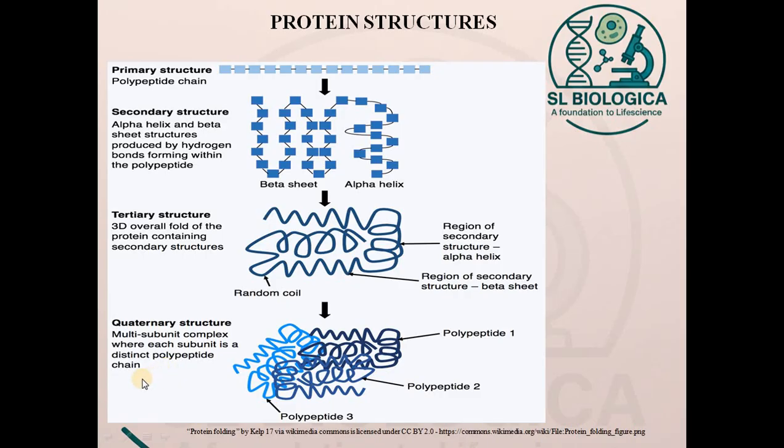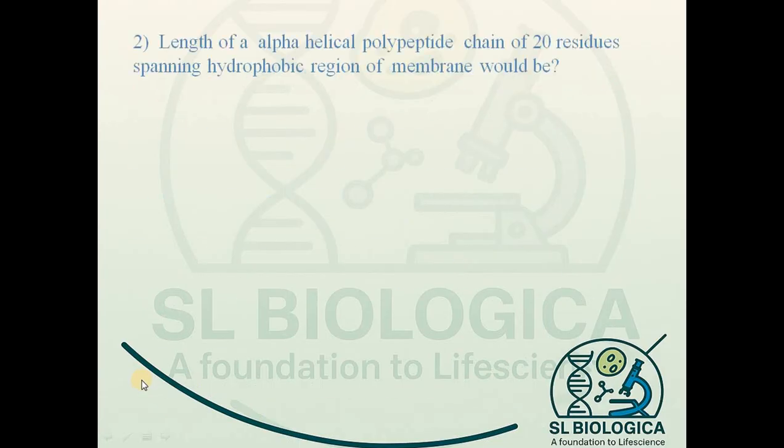Okay, then coming to second question. The length of an alpha helical polypeptide chain of 20 residues spanning hydrophobic region of membrane would be. Here we have to find out the length of an alpha helical polypeptide, which consists of 20 residues.